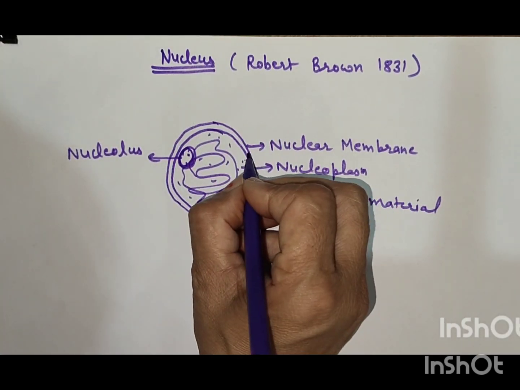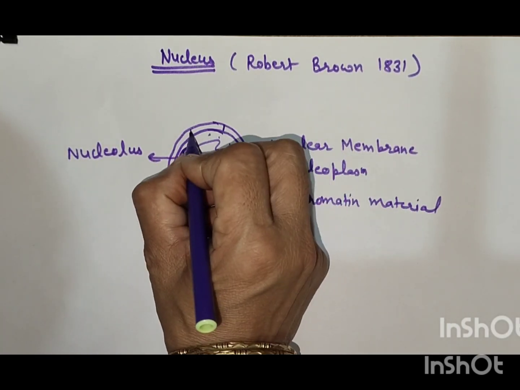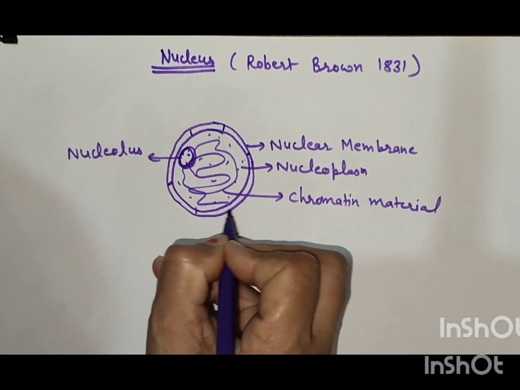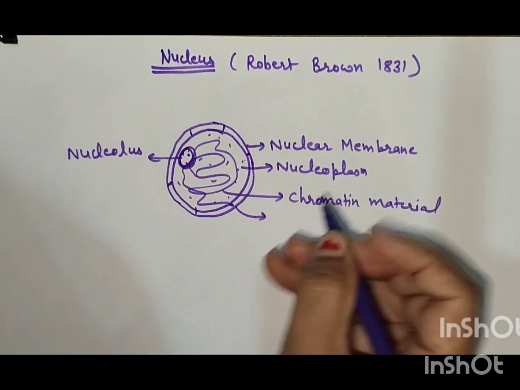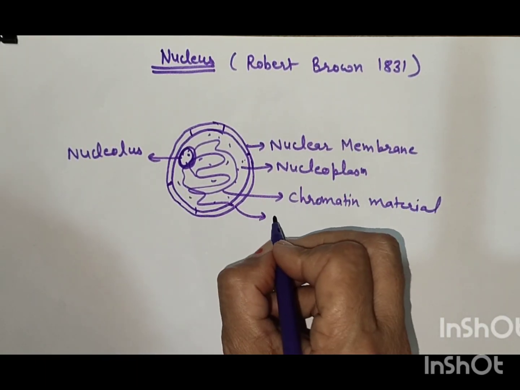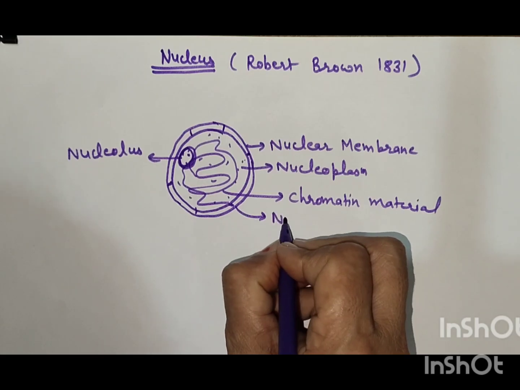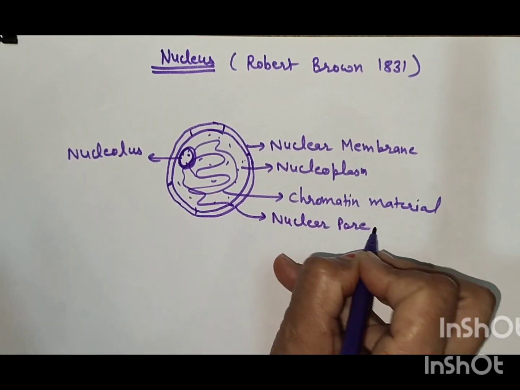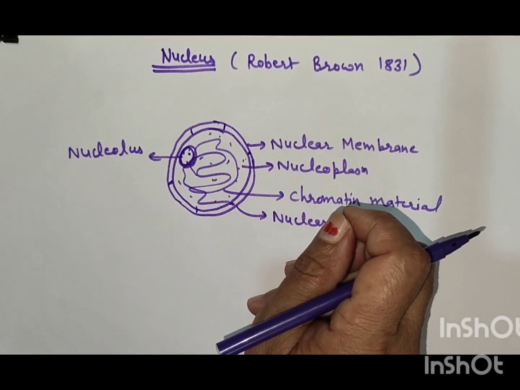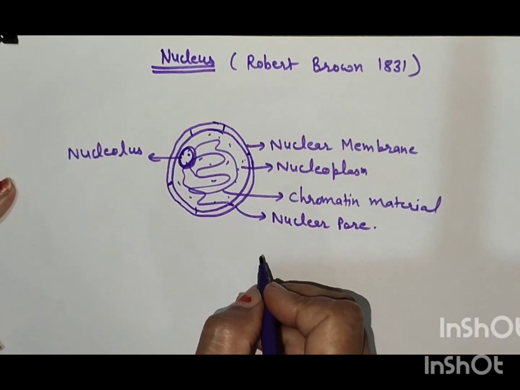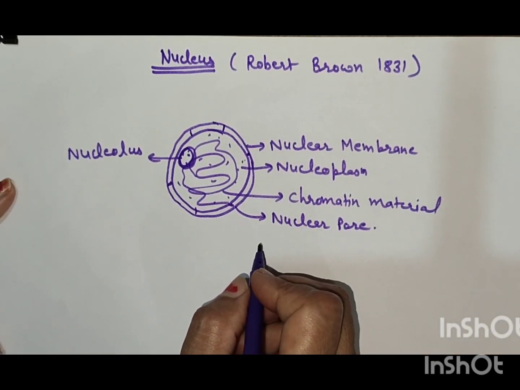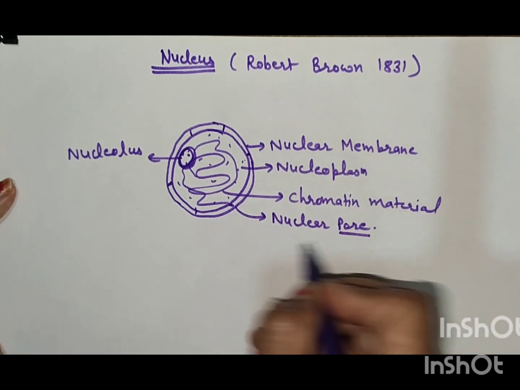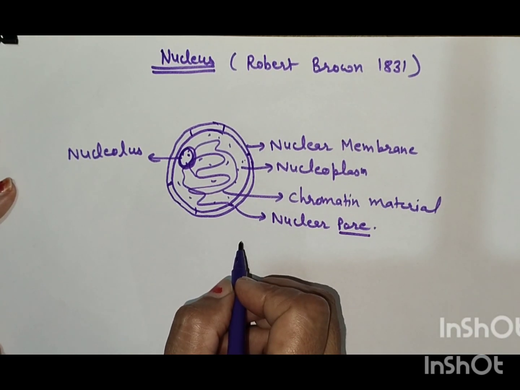And it has some pores in the outer membrane so that it can transfer material from the cytoplasm to the nucleoplasm. This is called nuclear pore. The nuclear membrane is double layered and it has pores called the nuclear pores.